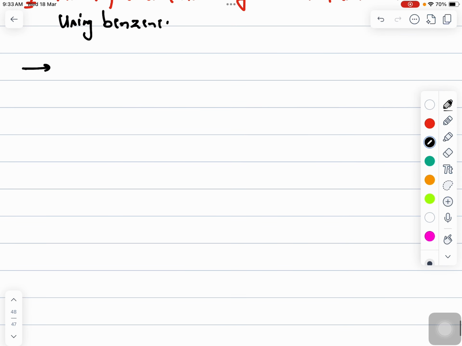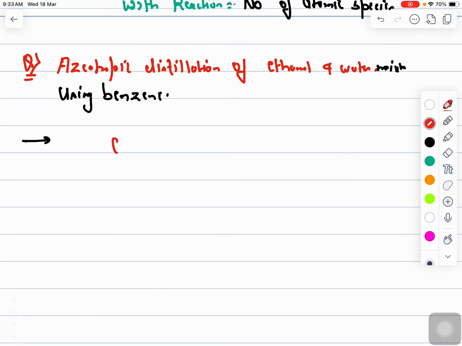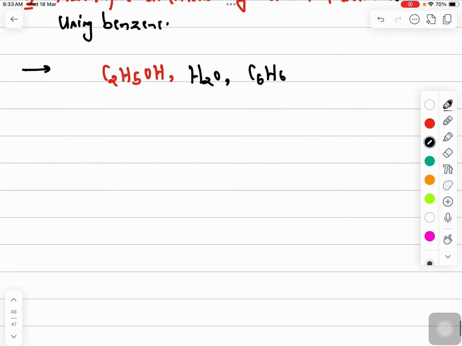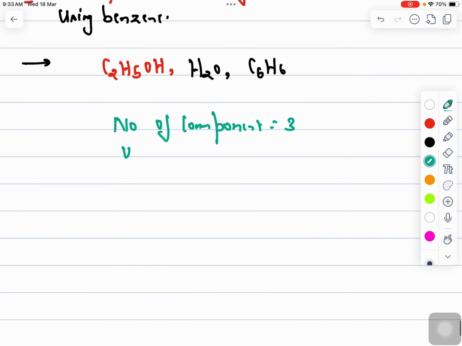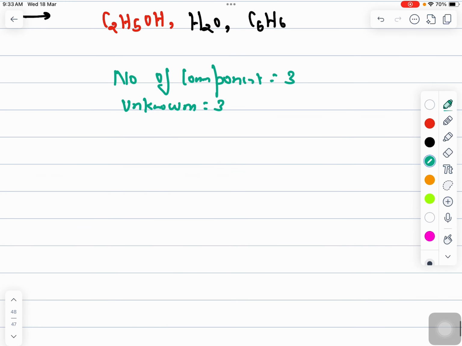Right. So how will we answer these things? What we have seen here is there are components: you have ethanol, C2H5OH, you have water, and then you are using benzene as well. So the number of components in this problem is 3, so the number of unknowns will be 3, and you can do the balance for all these 3, so the number of equations will be 3.